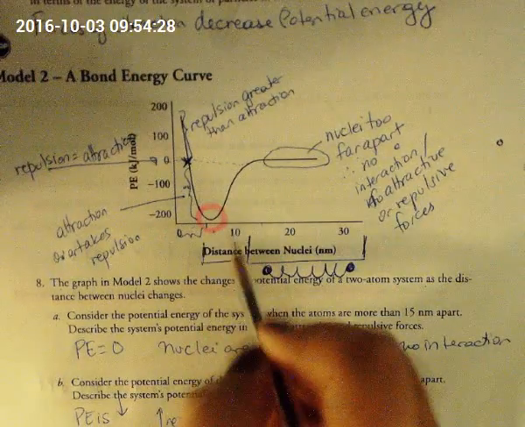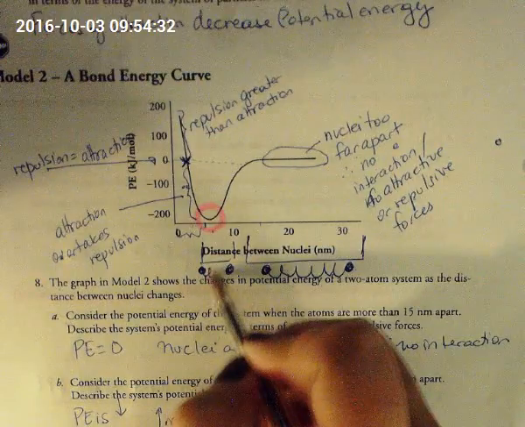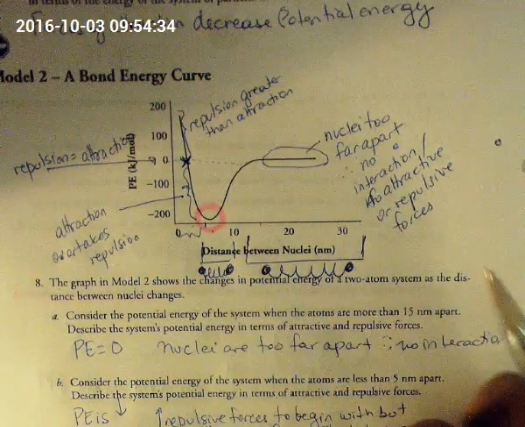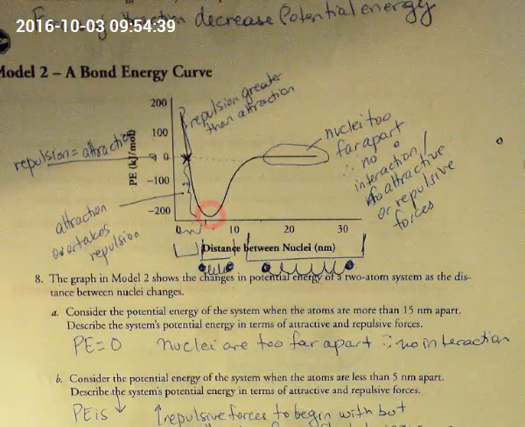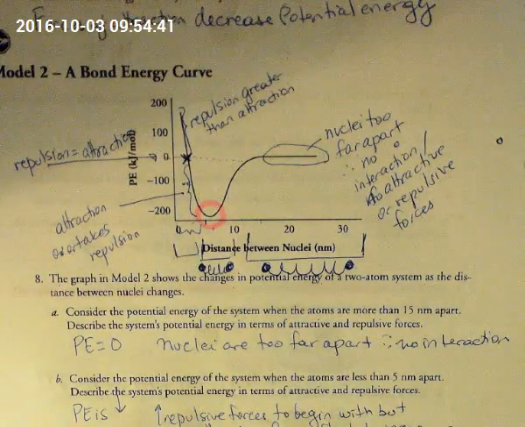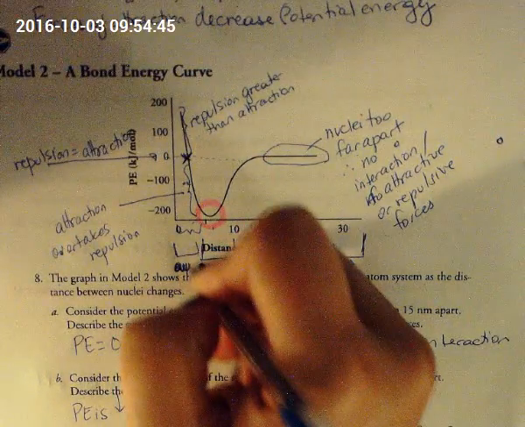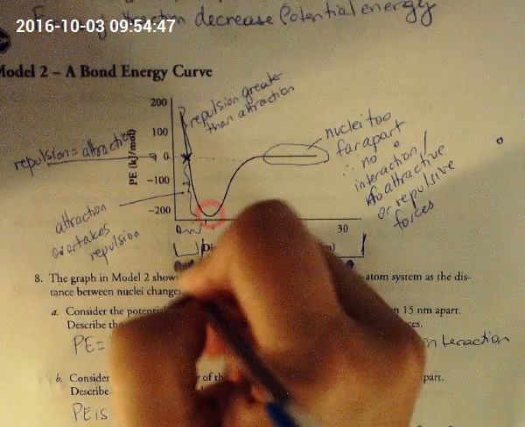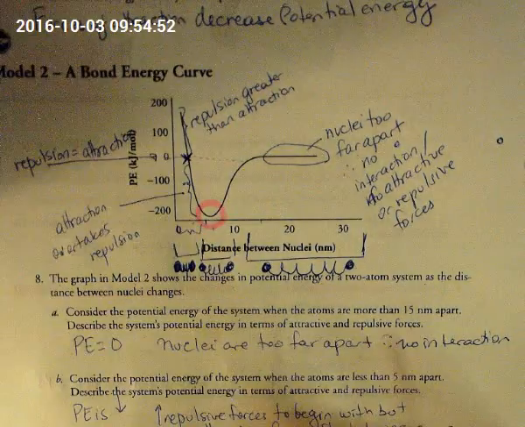Here would be a spring in the neutral position. And this part in here would be a spring where you compressed it as hard as you could, right? Where you almost have no distance between the atoms because that spring is so tight and compressed.